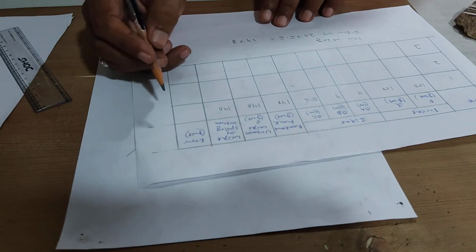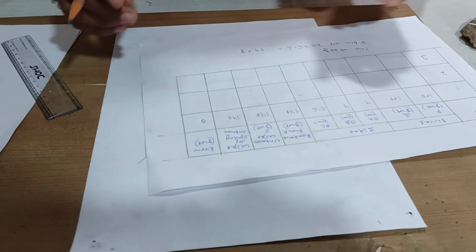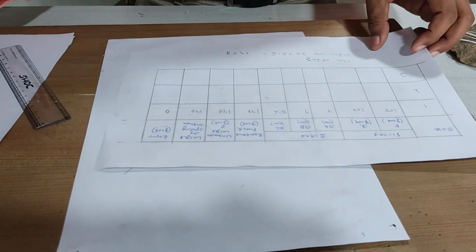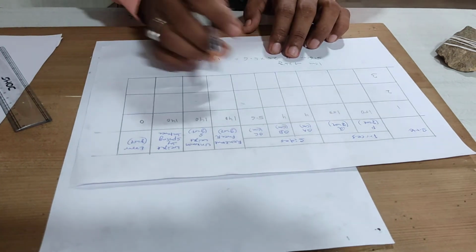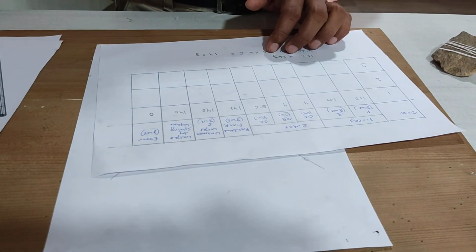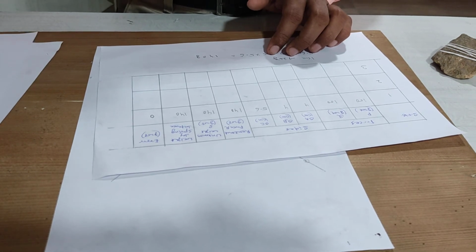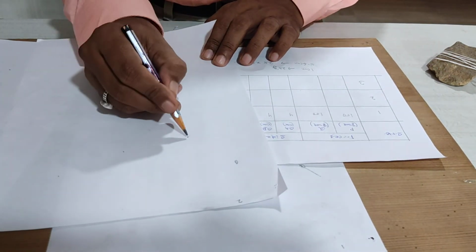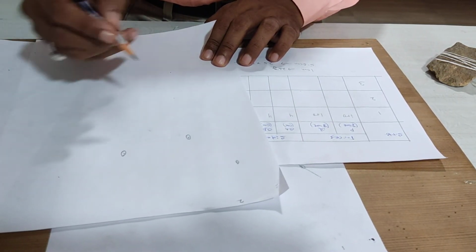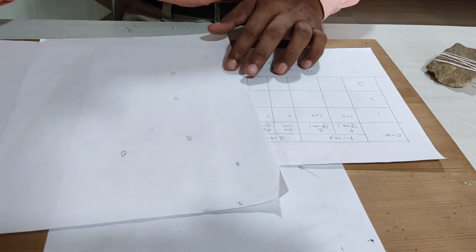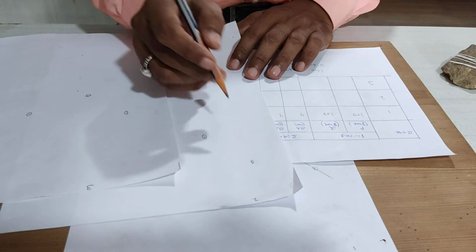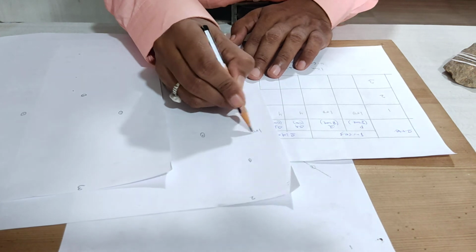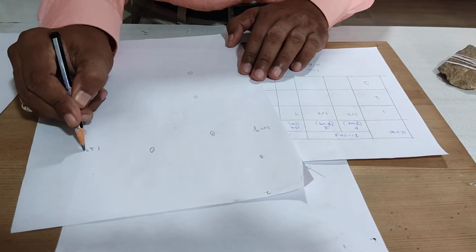So what is the error? Error is approximately 0. If you take the observations carefully, you will get the correct reading. Similarly, you will repeat the experiment by taking the different weights. In the second observation, this side I have taken 100 gram, other side I have taken 150 gram.